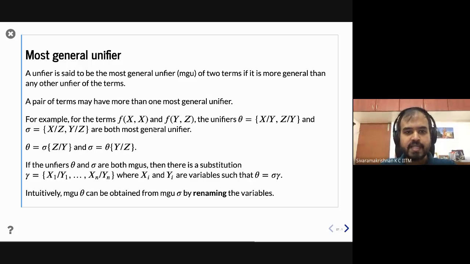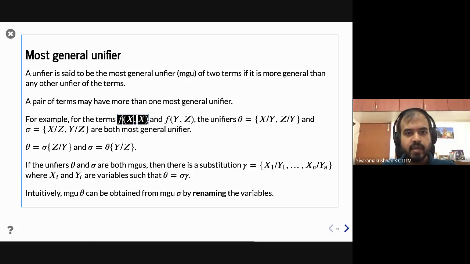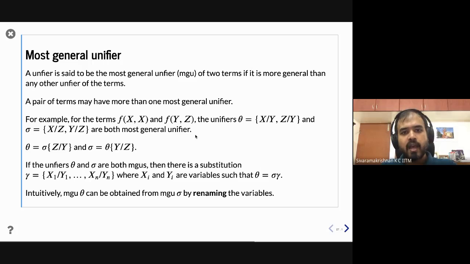The example is quite easy actually. So consider the terms f of x comma x and f of y comma z. For these two terms, do these terms unify? Yes, they do. So if they do unify, what is the most general unifier? You can think of at least two here, right?